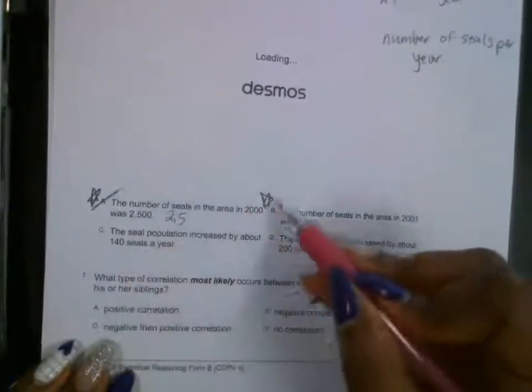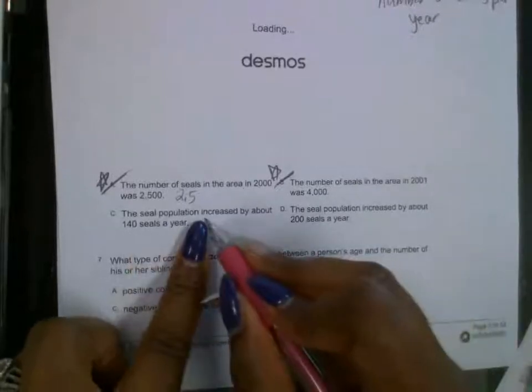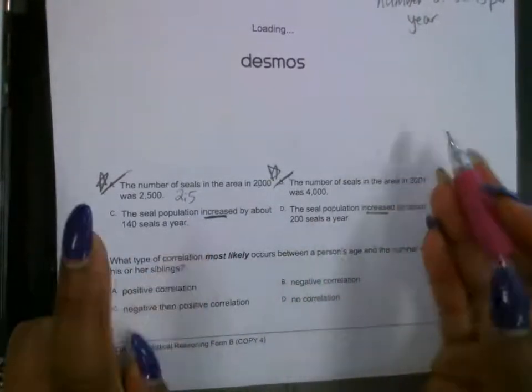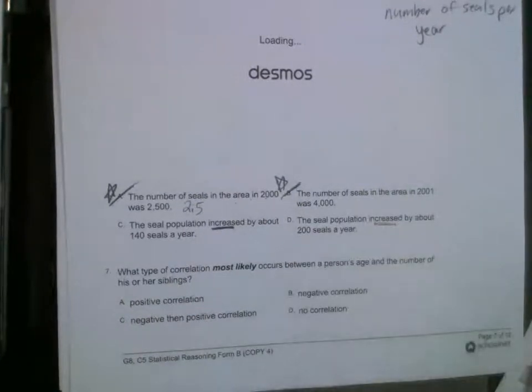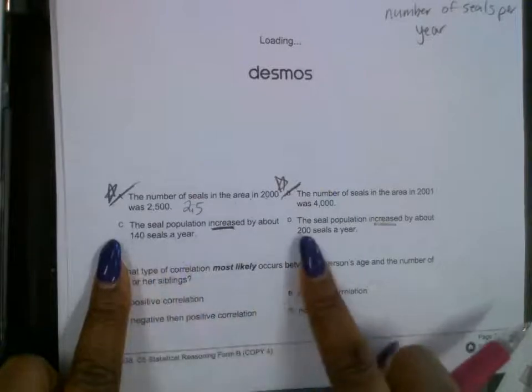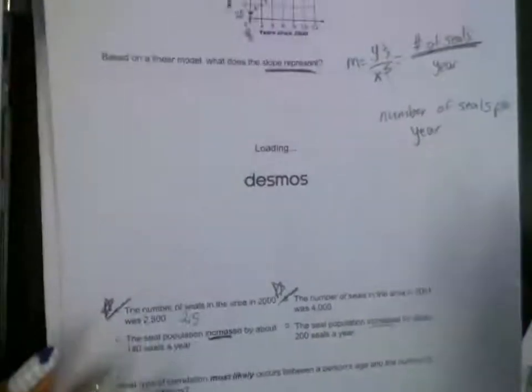So we got to cancel these out, because this is not talking about the slope. This is talking about the slope because it's saying it's increasing by something. So increase or decrease by something, that's when it represents the slope. So is it increasing by 140, or is it increasing by 200? These answer choices are so close to each other.